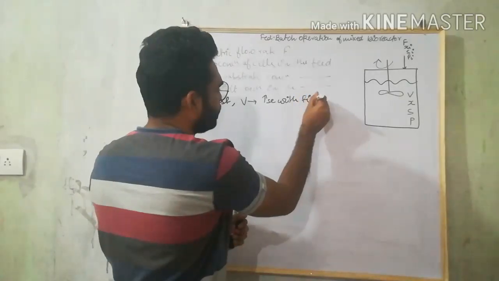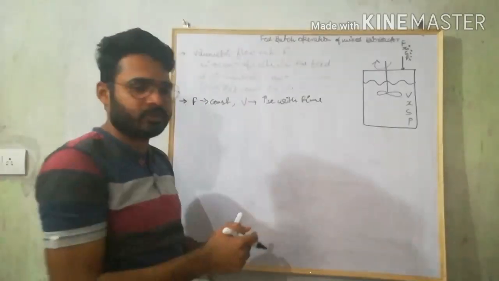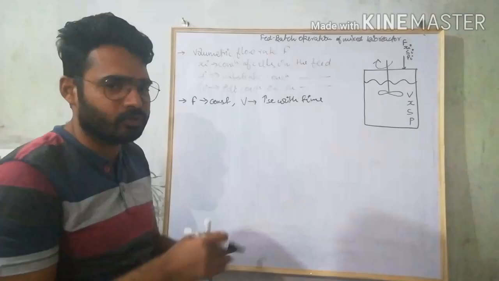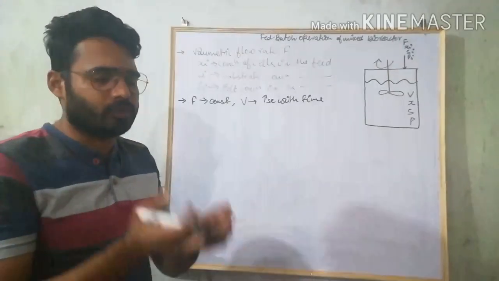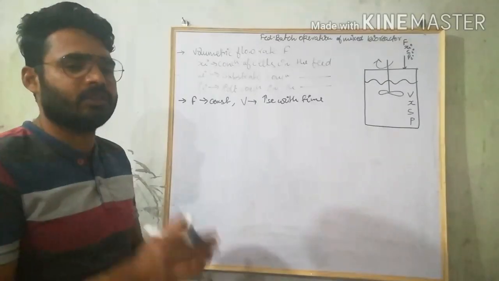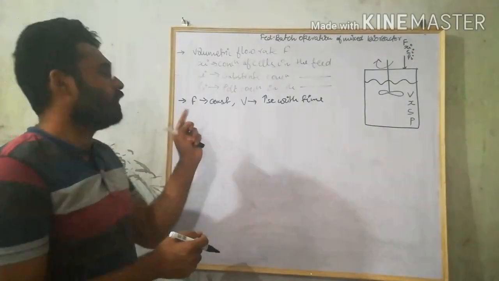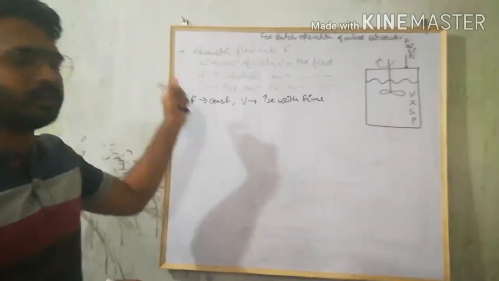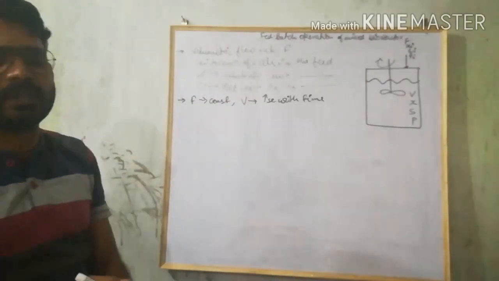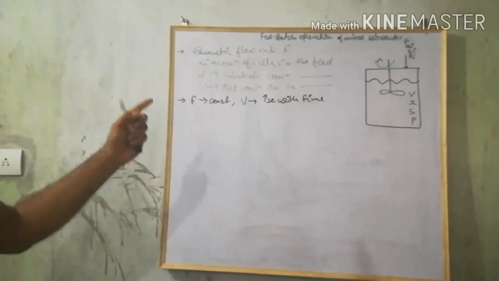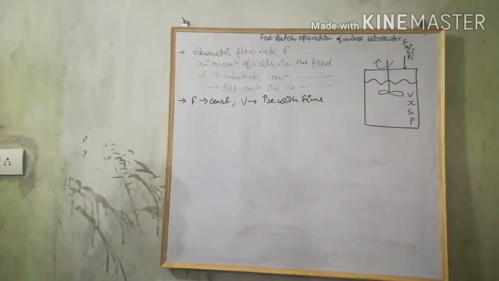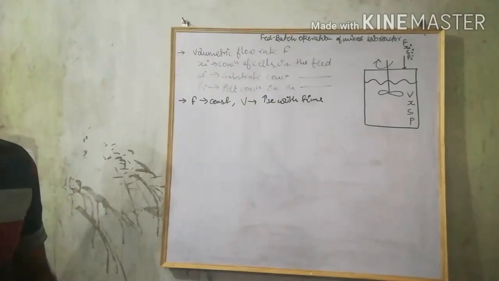Why will the volume increase? Because it is a fed batch process. You are continuously adding the medium. You are not removing or withdrawing anything. So the reactor volume will keep rising till the end of the process, right? So our assumption is that the feed flow rate, the rate at which the feed is being supplied inside the reactor, is constant, and the volume keeps changing with time, right?